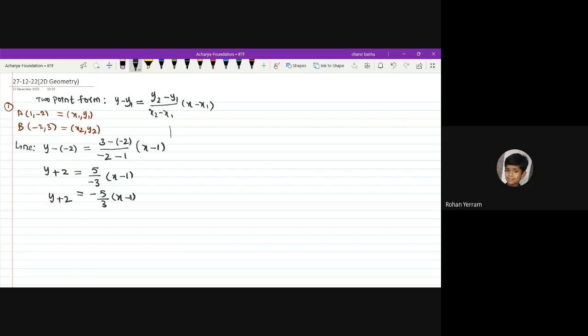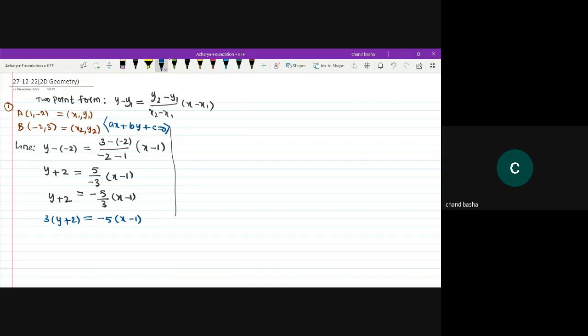Sir, I got the answer y plus 2 plus 5x by 3 minus 5 by 3 equals 0. You cannot write like this. As I said, whenever he is asking the equation of the straight line, you can write it in its standard form. What is its standard form? Ax plus by plus c is equal to 0. These are the various forms, but the 3 will be on the left hand side. You can multiply: 3 times y plus 2 is equal to minus 5 times x minus 1.